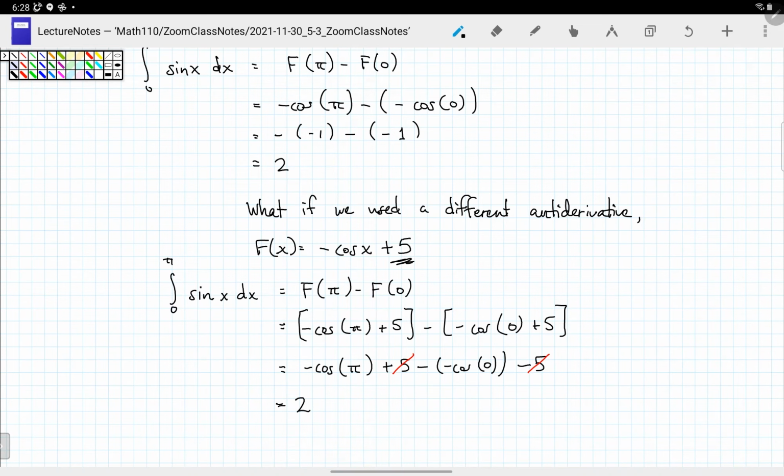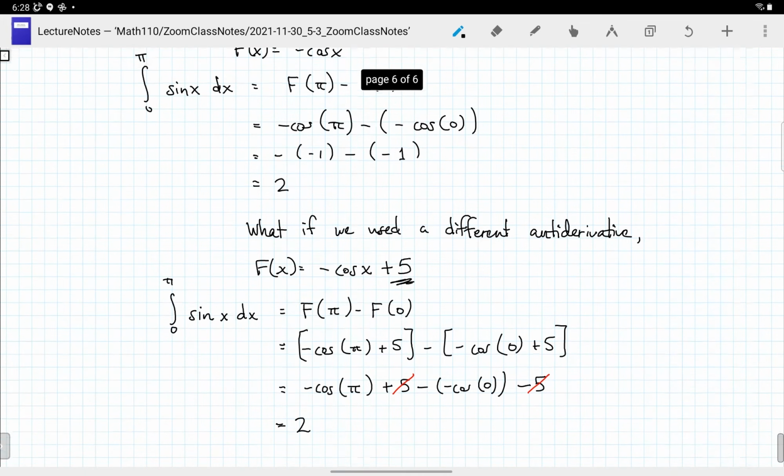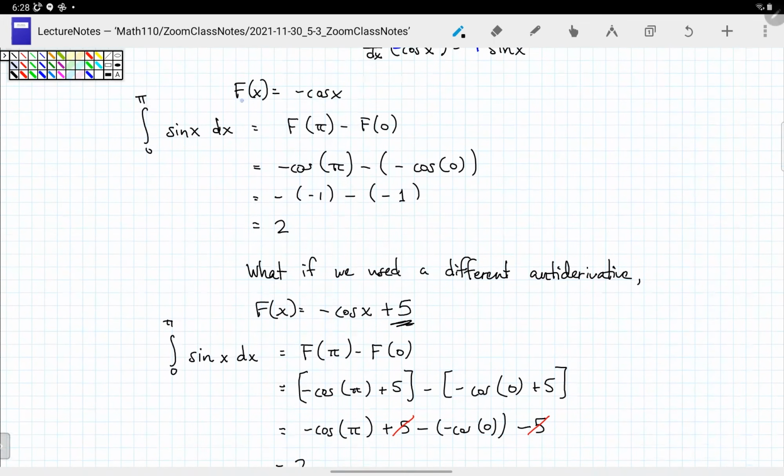Okay. The last thing about this is that this feels very notation intensive, where we say, let's name an antiderivative, and then this integral would be f of pi minus f of 0.